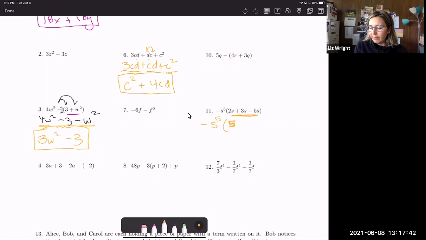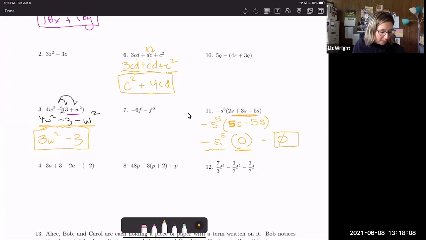You end up getting 5s minus 5s. Well, how many s's are we left with then? 0. So then we get -s to the 5th times 0. Any number times 0 is going to give us what? 0. Big fat goose egg. So that's your final answer for that one.